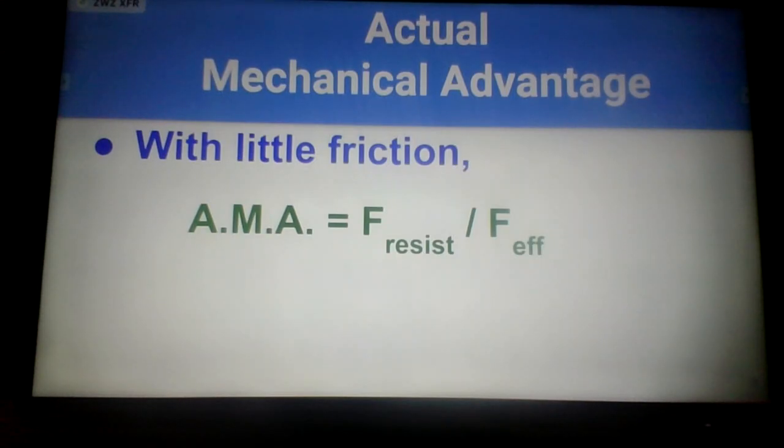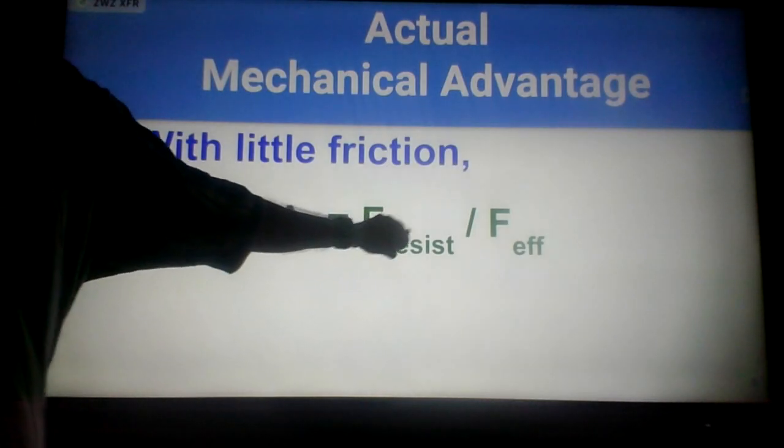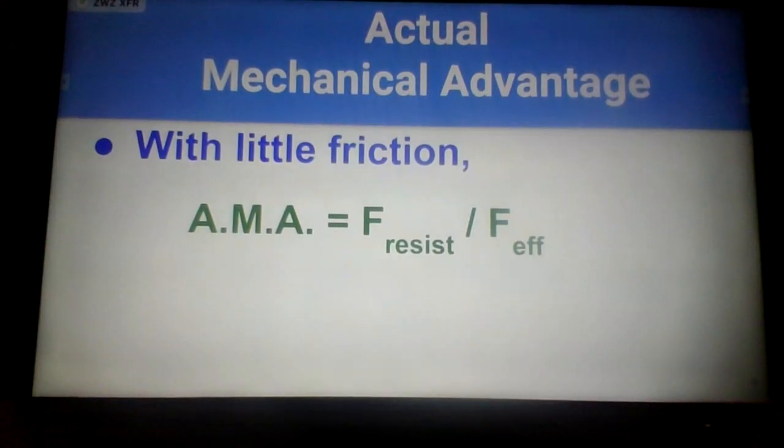Remember, weight is a force. We have to apply a force in order to move that object. Now, what we want is the resistant force to be greater than the amount of effort. We want to be able to put a small amount of effort to move a large resistance.